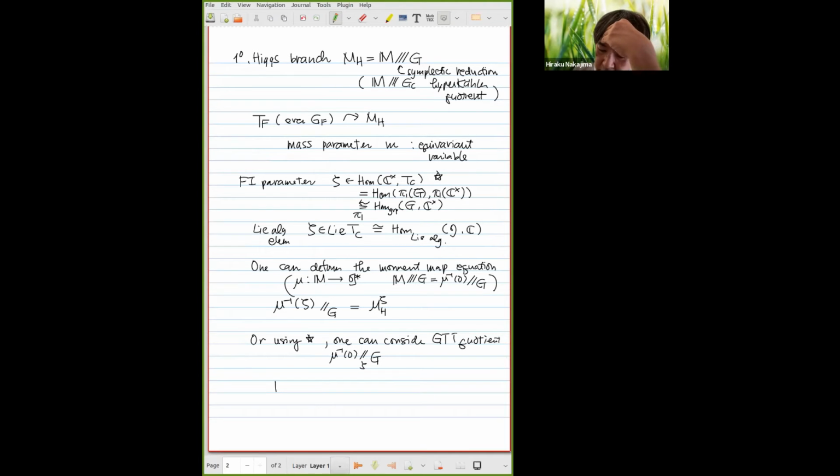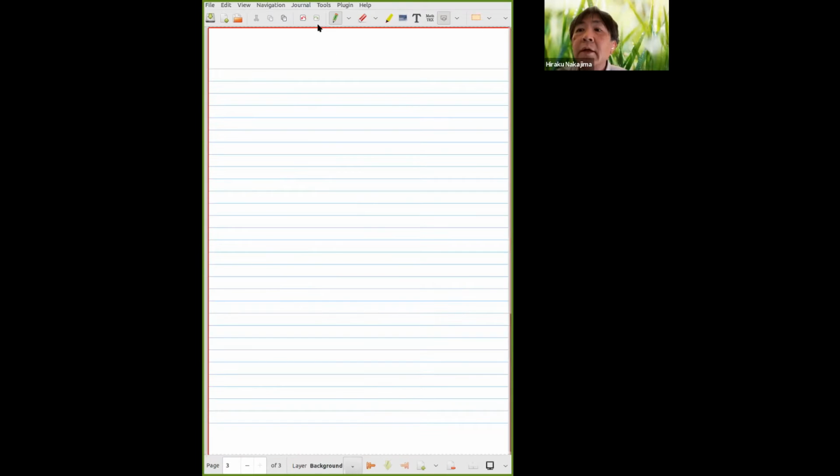In this sense, these FI parameters, zeta, are a deformation or Kähler parameter. It is a deformation parameter if I take the complex moment map, and it is a Kähler parameter if I change the stability condition. So any questions?